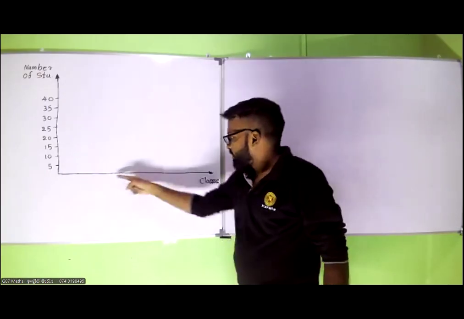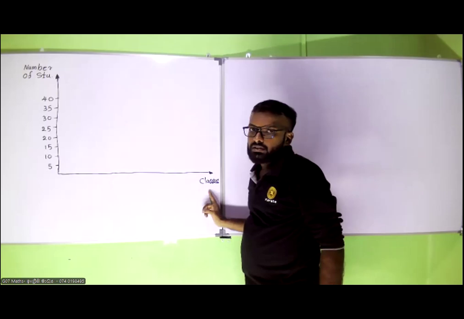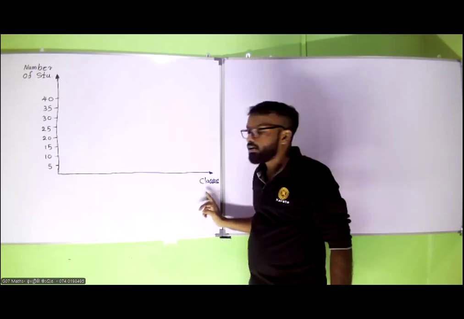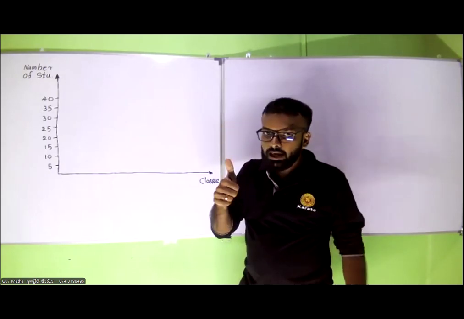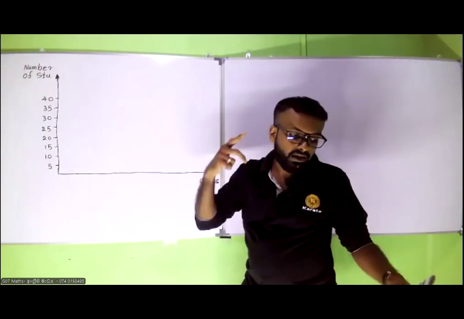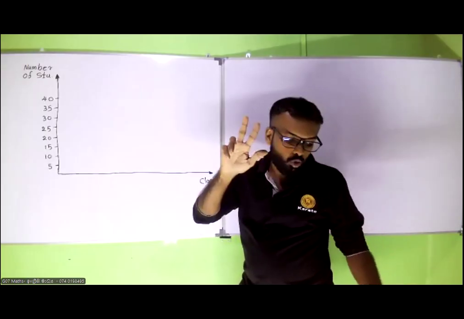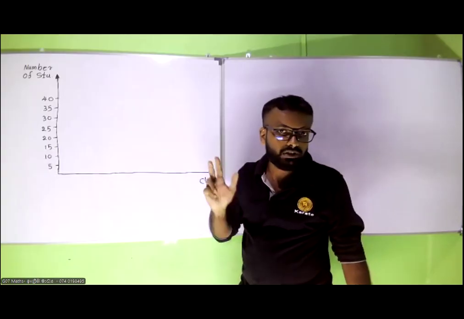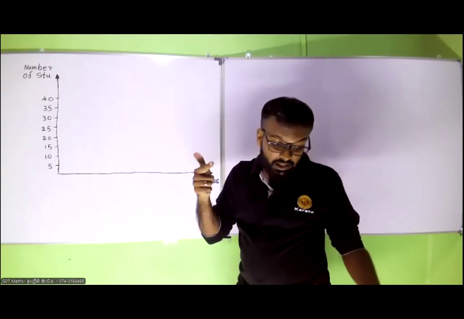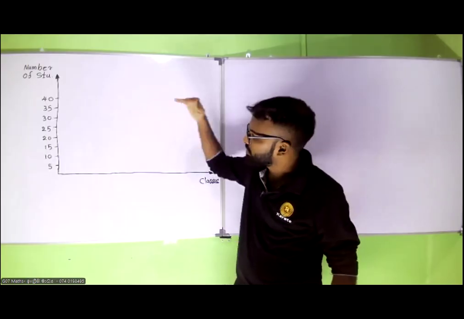So this axis is classes. This axis represents 7A, 7B, 7C, the three classes that we have.